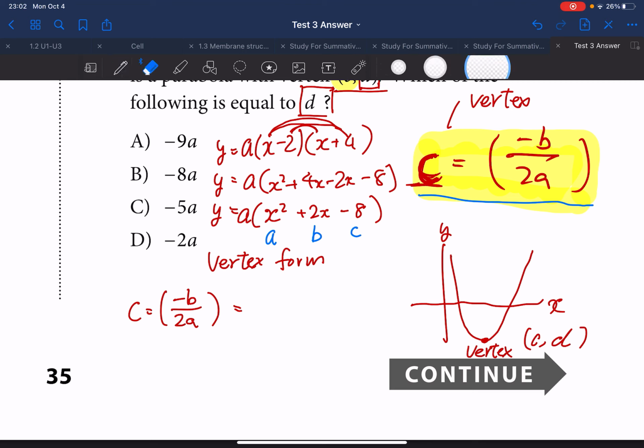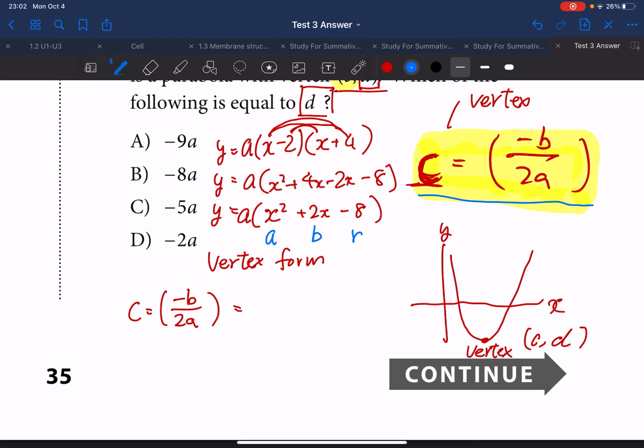Actually, I'm going to erase this c and put a different letter, because we have c for the vertex and it might be difficult. So yes, let's put r, for example.